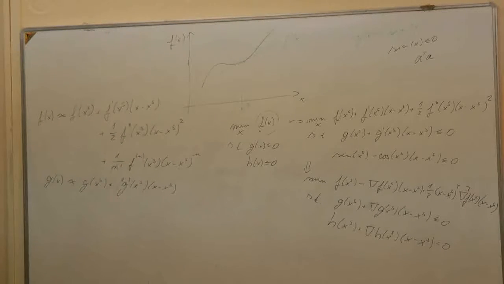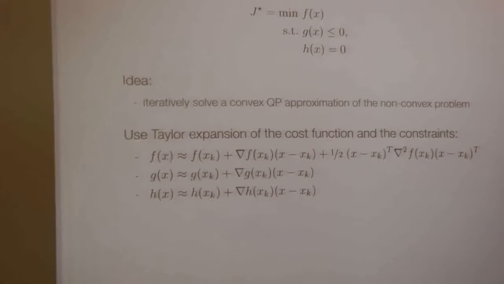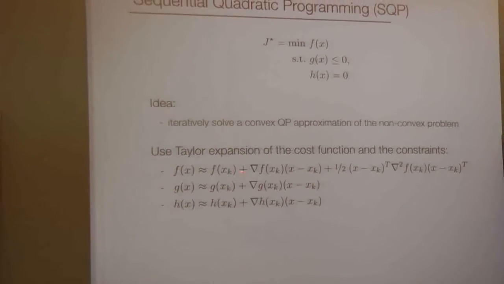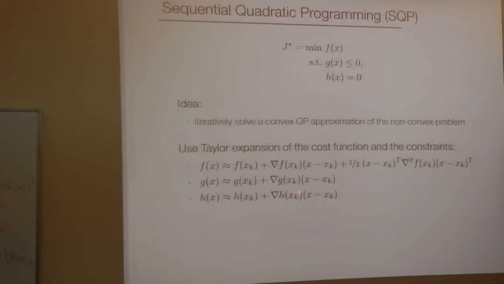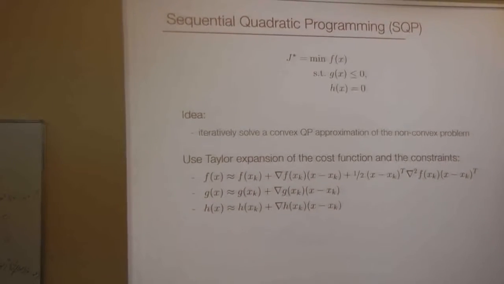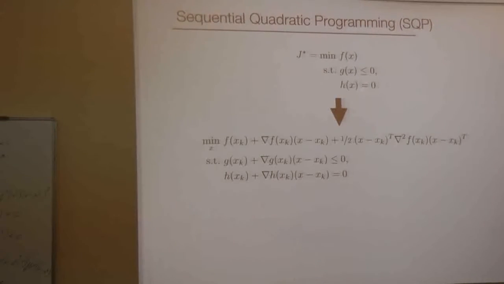So this is what the local quadratic approximation of the original nonlinear problem is about. We have done the local quadratic approximation of the cost function and the local linear approximations of the constraints. And now comes the conversion.